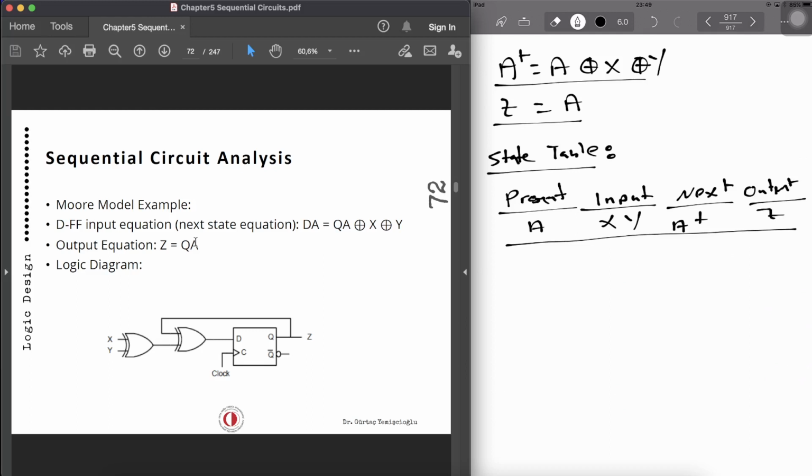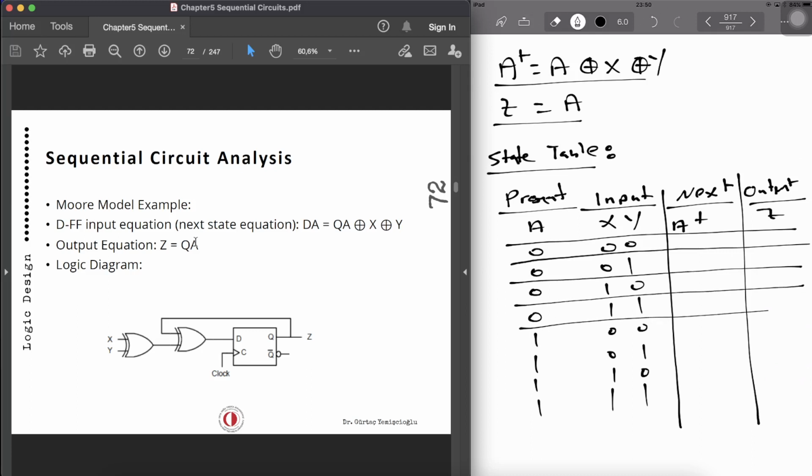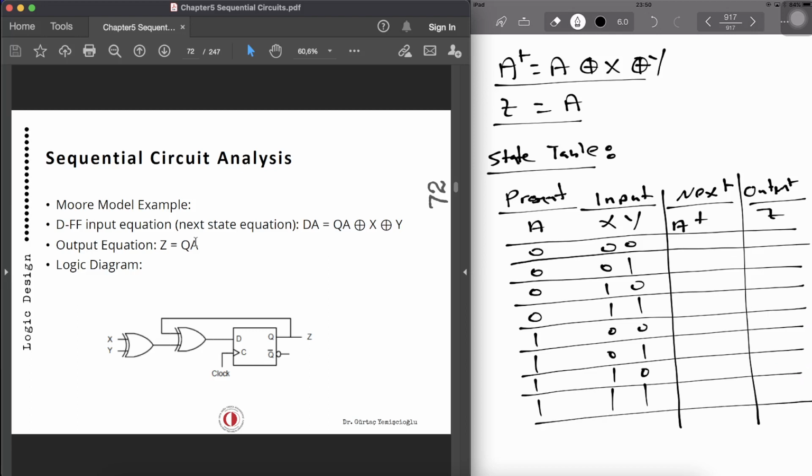So 3 inputs, once again 8 possibilities. And for each of those, we will derive the next state values and the output.